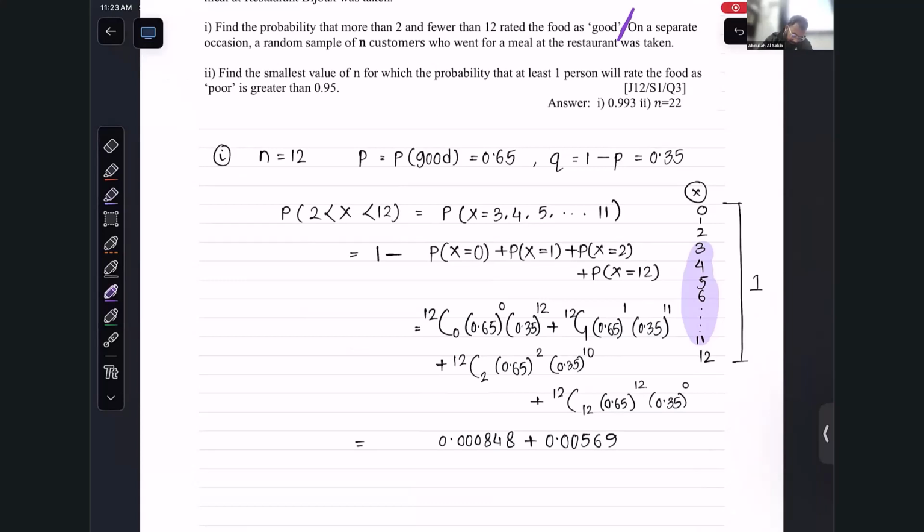So it will be from 1 minus this one, because we have to find the probability by subtracting from 1. I made the mistake, I didn't subtract it from 1. So 1 minus the answer. So 0.993.